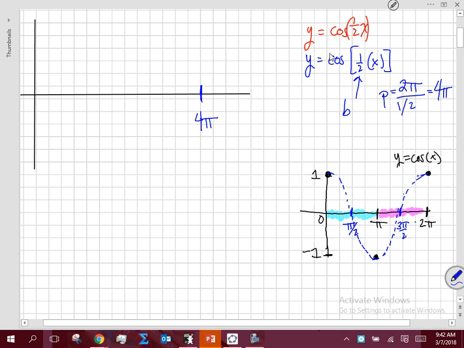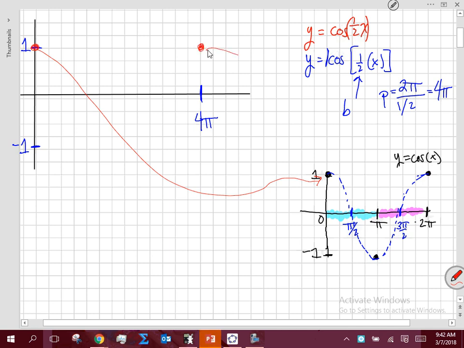Okay. It's a 1 cosine, so our maximum is going to be 1. Our minimum is going to be -1. So using that correspondence, we know at this point here, that point should match to that point there, right? That's where we start. We'll finish at the same height.